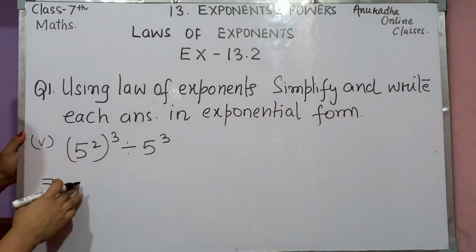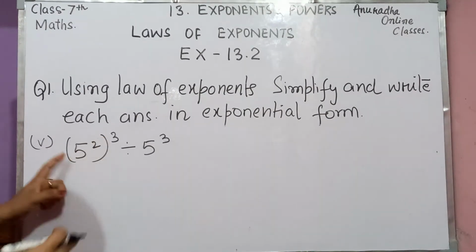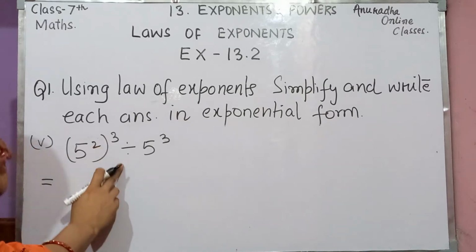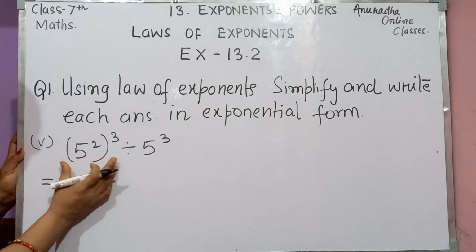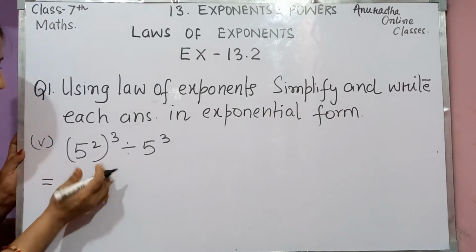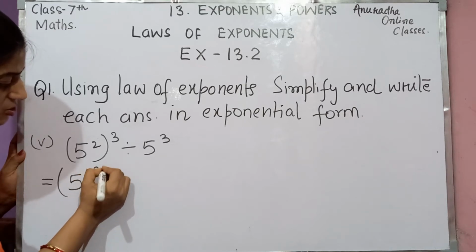See children, here is your fifth part: 5 raised to the power 2, the whole bracket cubed, divided by 5 raised to the power 3. Now see, firstly we have to remove the bracket. So we are using the identity 2 into 3.